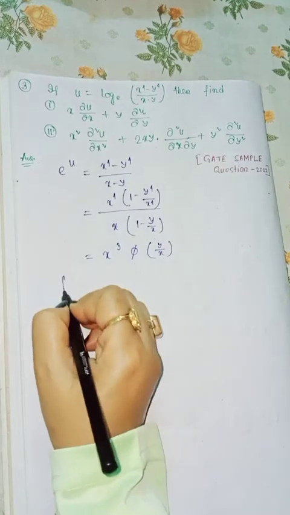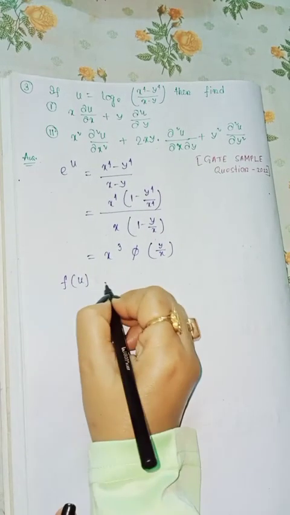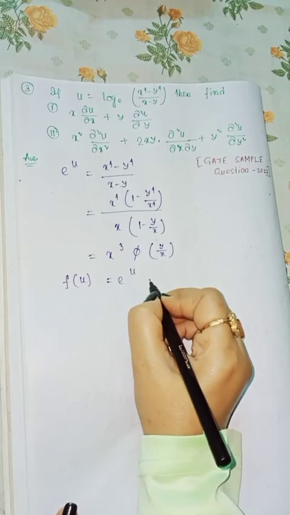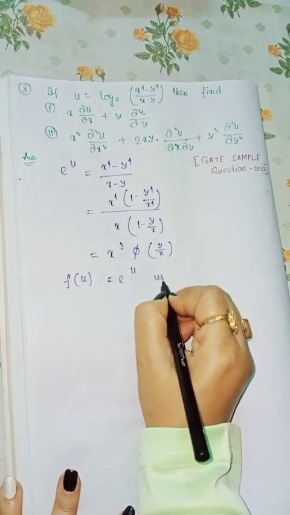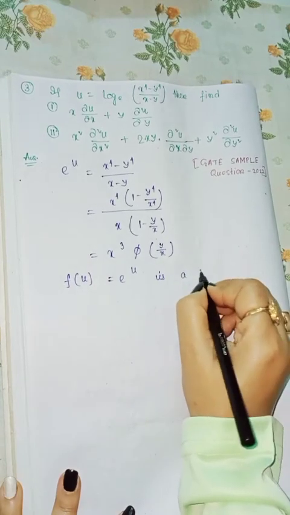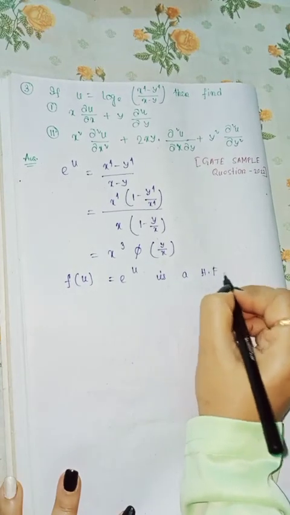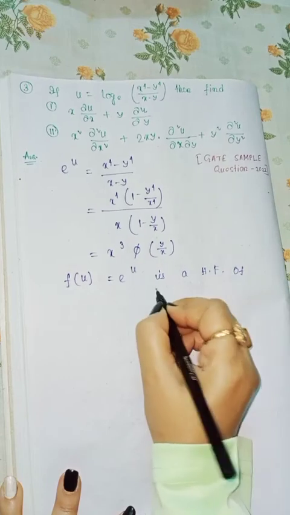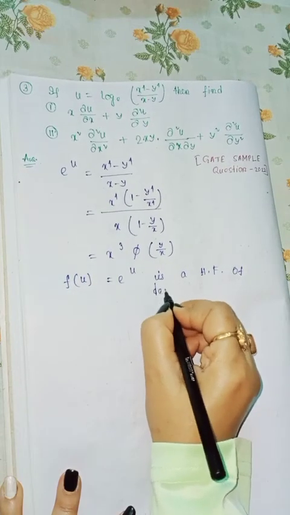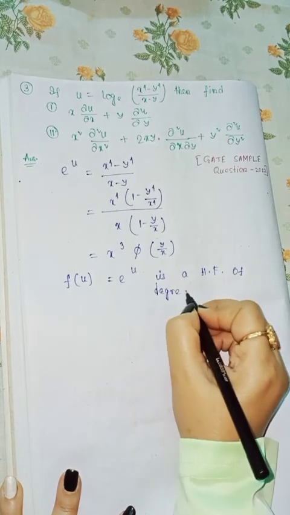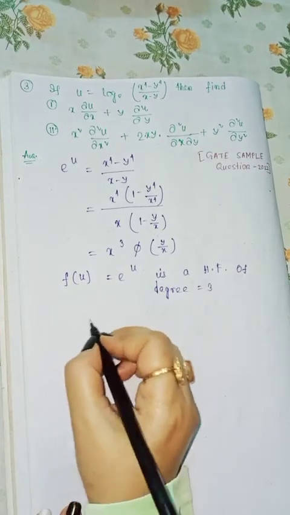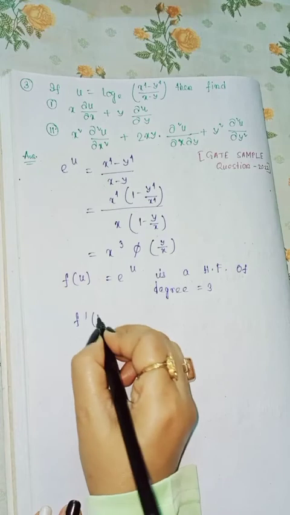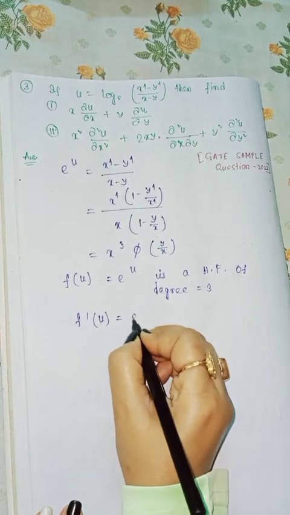So now e to the power u is a homogeneous function of degree what? Degree is equal to 3. So here degree is equal to 3. So now f dash u is equal to e to the power u.